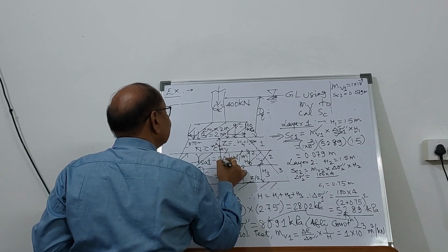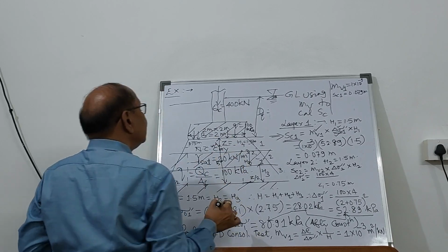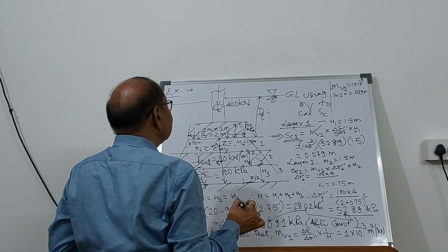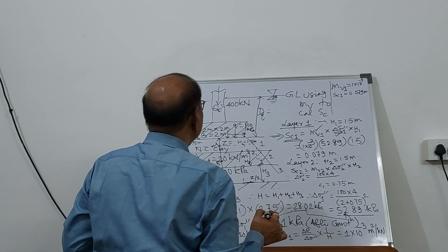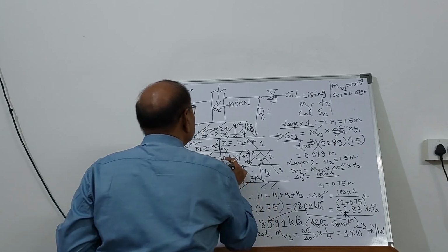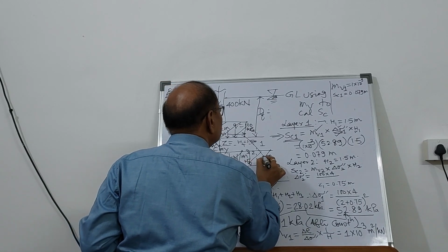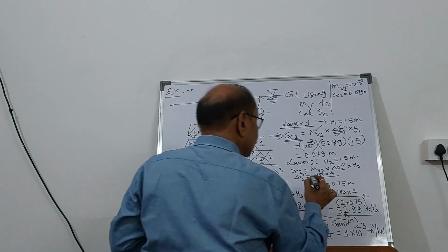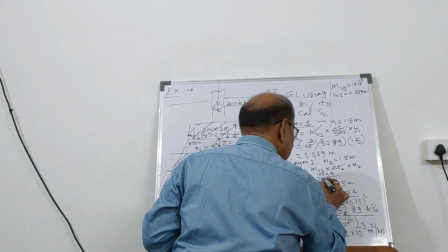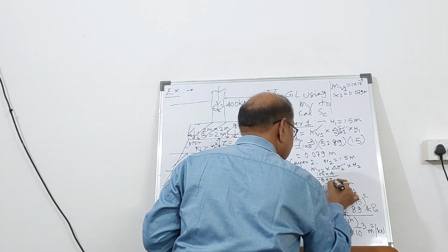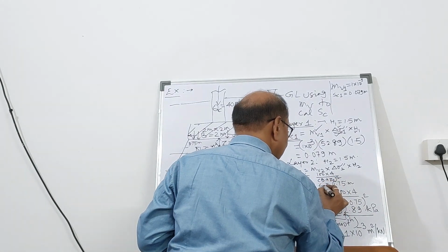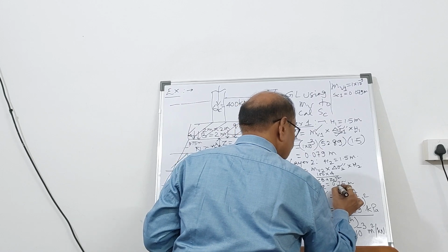The vertical depth is 1.5 plus 0.75, that is 2.25, so Z2 equal to 2.25.